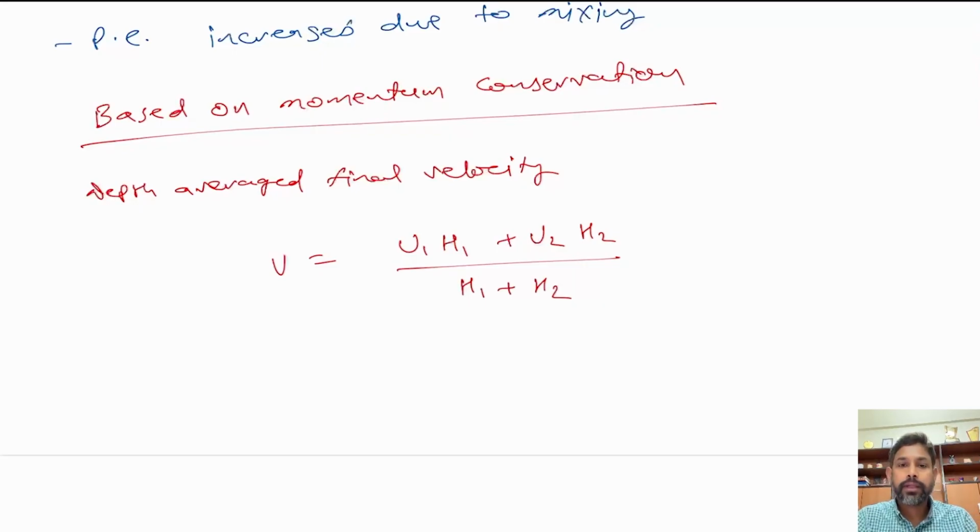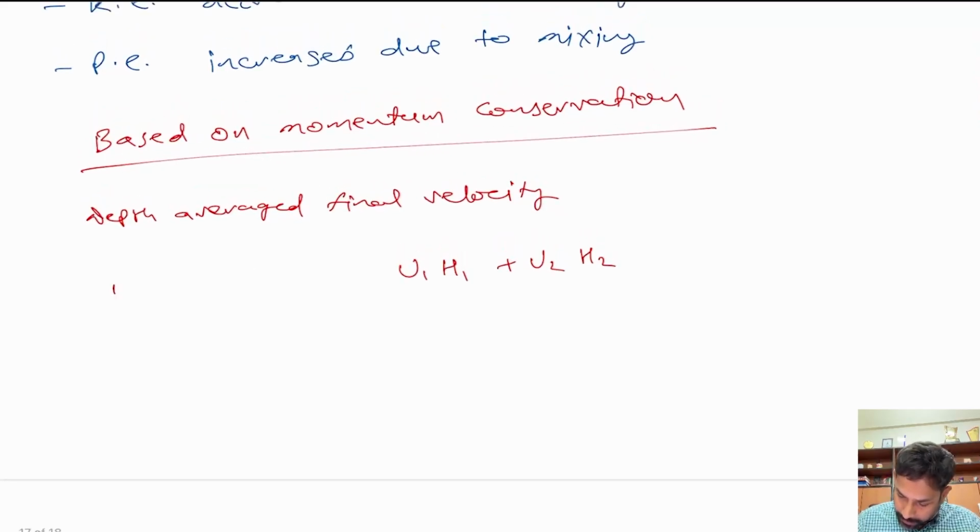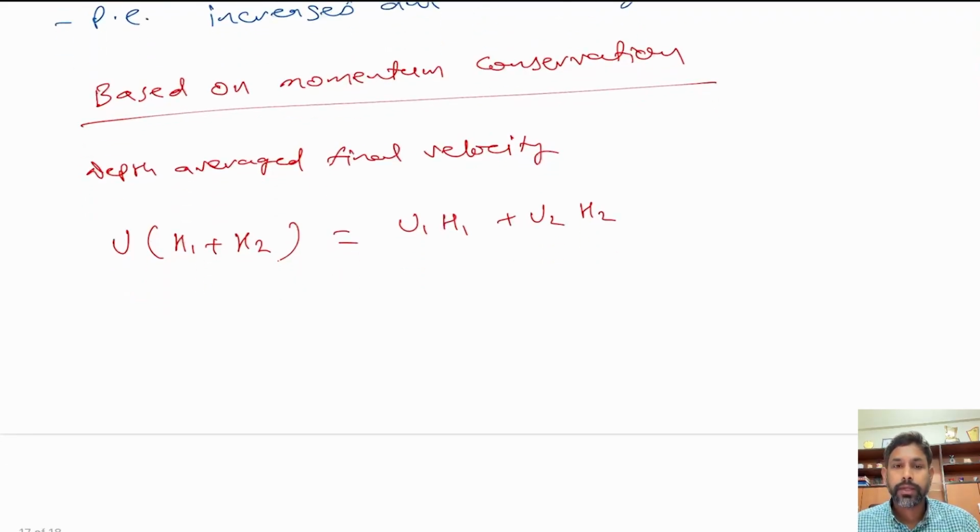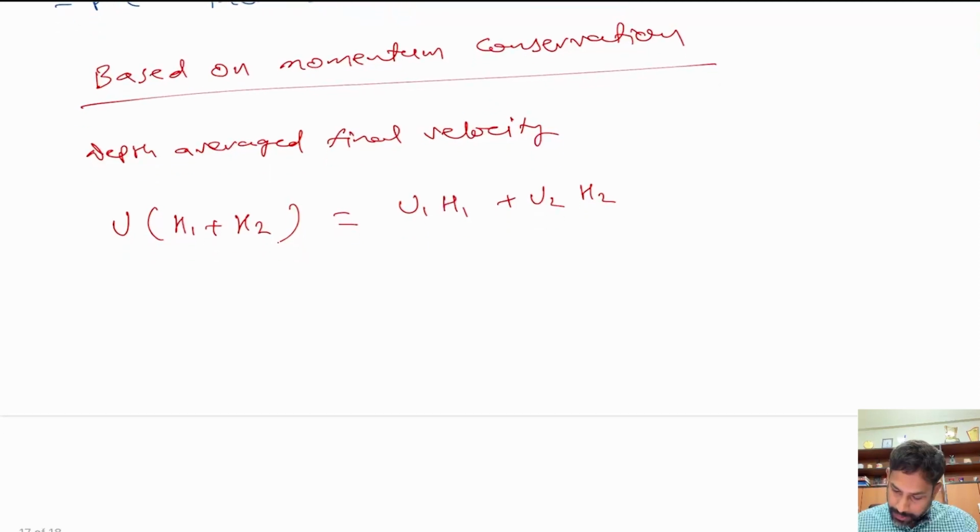Okay, so this actually means that your momentum is conserved in the system, and that is why we can write it as u times (h1 plus h2) must be equal to u1 h1 plus u2 h2, right, where u is the final velocity in the system, and this is for momentum per unit depth and per unit mass.